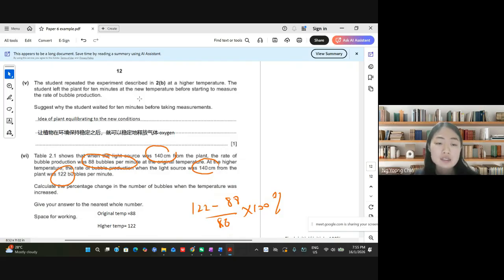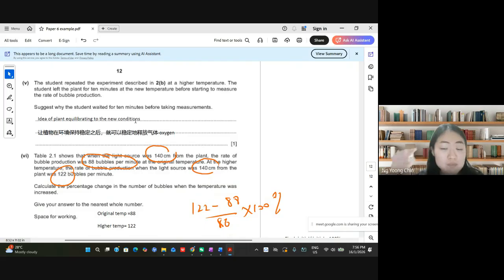So that's why you are actually changing the conditions provided to the plants, to this Elodea plant species. That's why you need to wait first before you take the measurements. This is for equilibrating to the new condition. You need to give time for the plant to adapt to the new condition first.